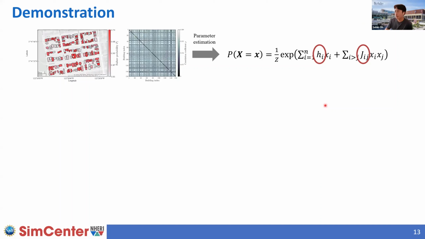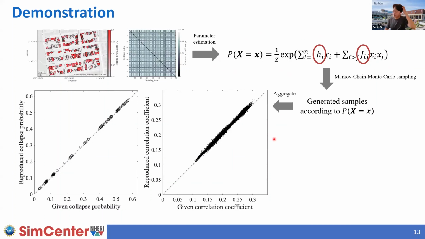And to see if the model was well constructed or not, I used the Markov chain Monte Carlo sampling technique to generate samples following the constructed Ising model. And these two plots show how well the Ising model was constructed.